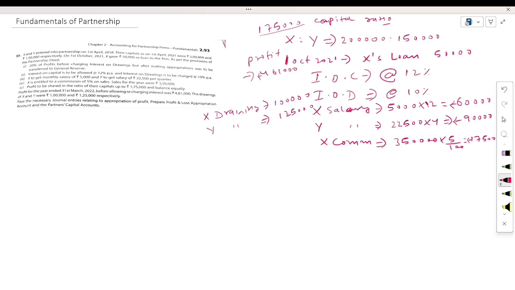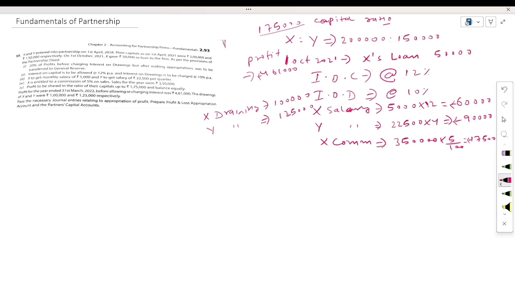What do we have to do now? Pass necessary journal entries relating to the appropriation of profit. Prepare the profit and loss appropriation account and partners' capital accounts. We will not make the journal entries here because they will be very lengthy.